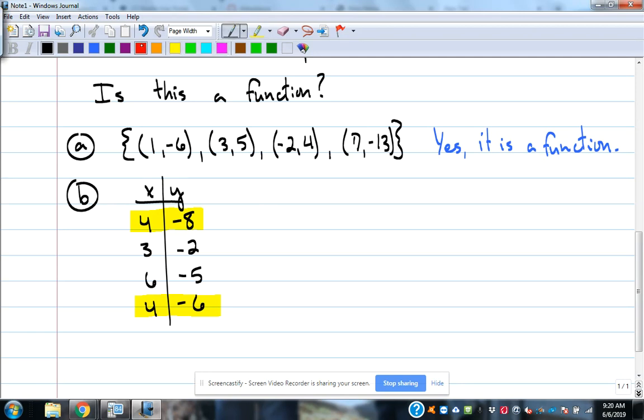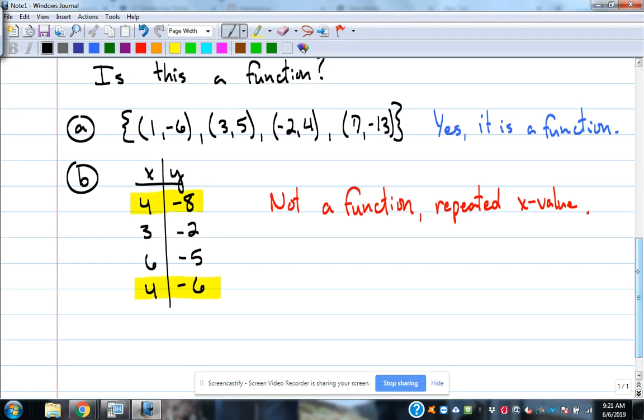So this is not a function, because we repeated an x value. In this case, it's the 4 that was the repeated x value. You cannot repeat x's and be a function. It's okay to repeat y's though. Y's can be repeated. X's just can't be repeated.